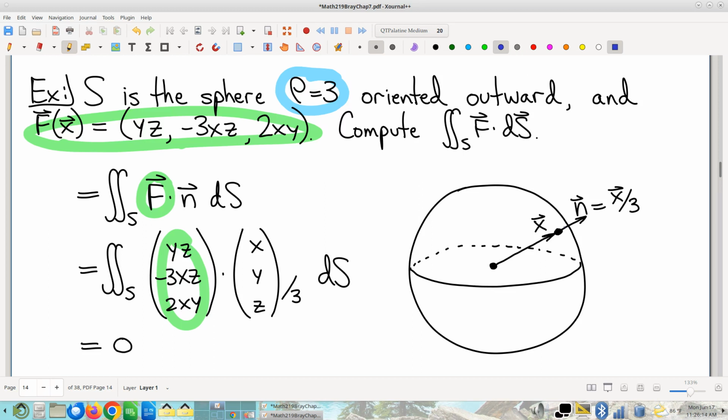What you can do is just look right at your picture and say, well, I was told my surface is a sphere. I know what the normal is going to be. It says oriented outward. I can just write down exactly that picture of this outward oriented normal. By the way, we love spheres. The point describing my position, keeping in mind that I can view that by the corresponding position vector, also perpendicular.